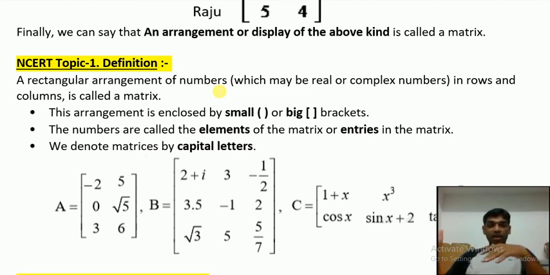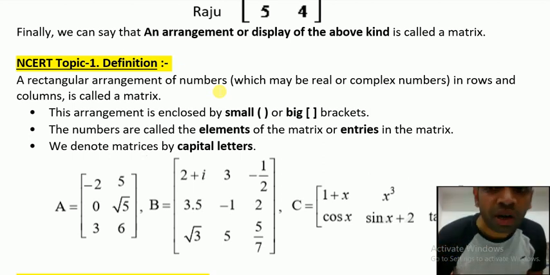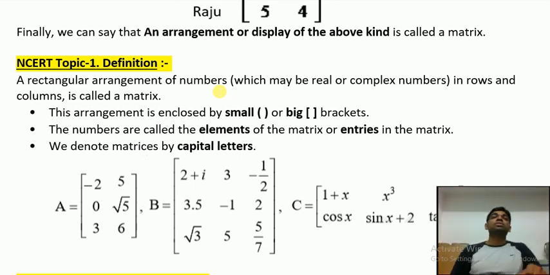Otherwise, if we directly start with questions or examples, at the end of the chapter someone may feel: why has sir given this kind of mathematical form, and how and why are we studying this? So to understand those situations, I have covered this.